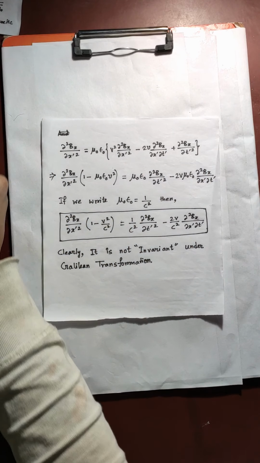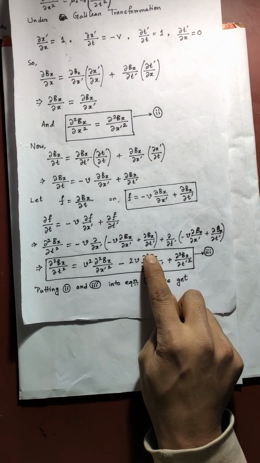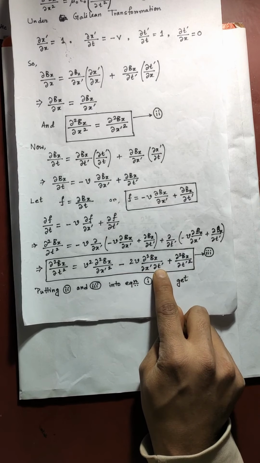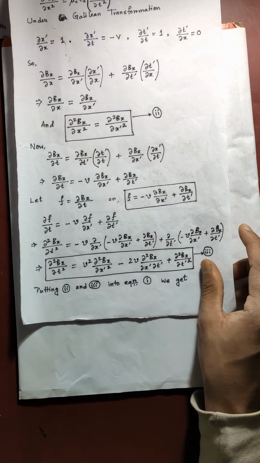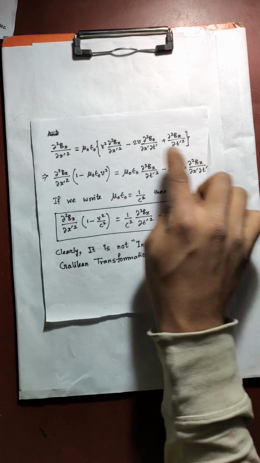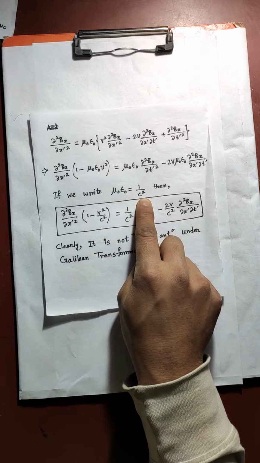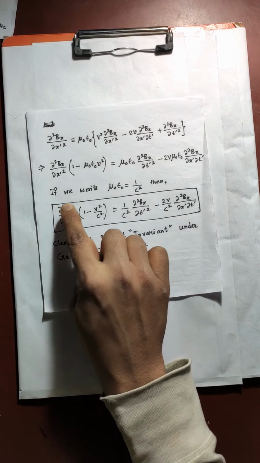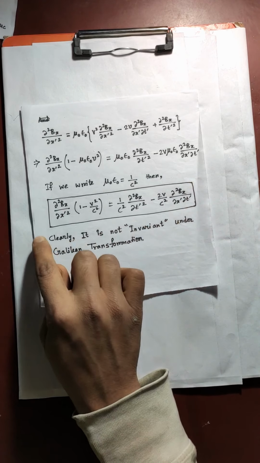One thing you should remember is that these two derivatives commute. Del x prime of del t prime and del t prime of del x prime, they commute, they are the same. So if we do some simple algebra, we will get this. I am writing mu naught epsilon naught as 1 by c square. So finally this transforms and becomes like this.